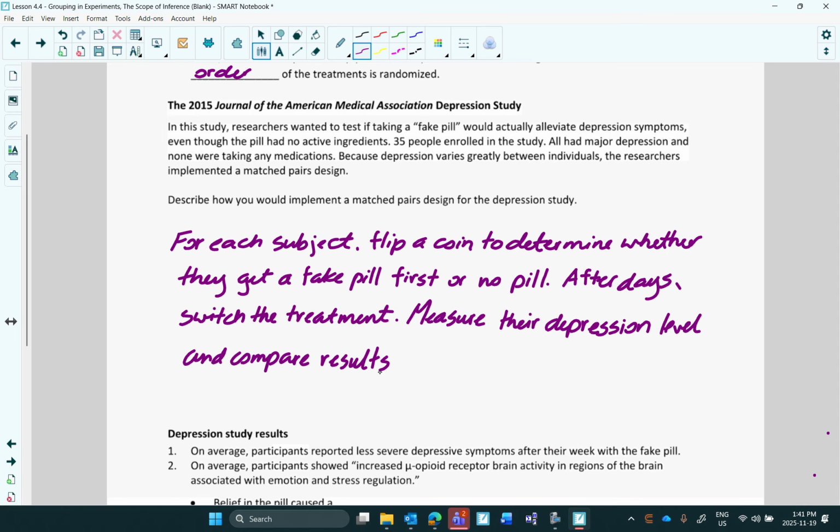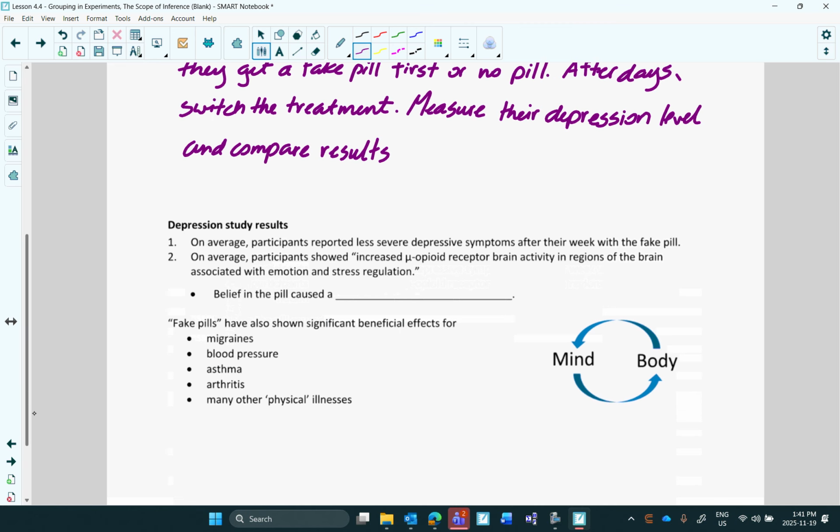So this was a study that was actually done. And what happened as a result of this study? Well, people reported that they were less depressed after they took the fake pill, rather than taking nothing at all. Okay.